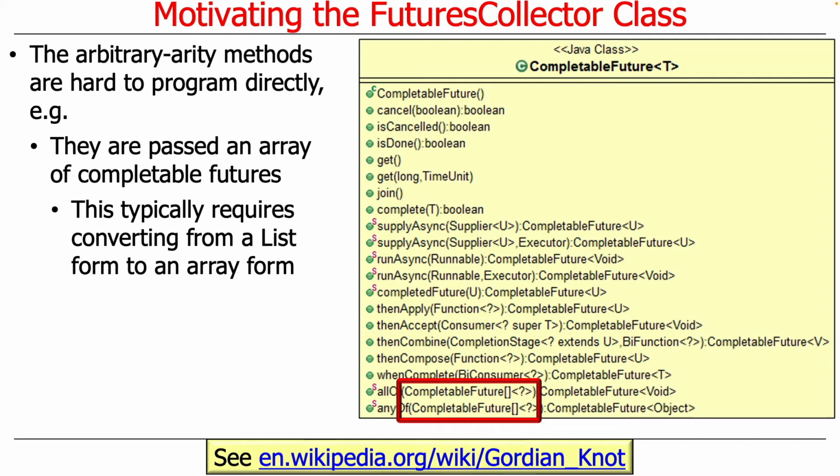And oddly enough, the typical thing you've got at the point when you want to do something with the completable futures, they're usually in a list form. And this darn thing wants them to be in an array form. And that's just cumbersome and more effort than you would like to have to program. It's really ugly, as you'll see here in a second. I don't know why on earth they don't just have a variant of allOf or anyOf that takes a list. You'd think that would be a very simple thing to do, but they don't. So we have to adapt somehow.